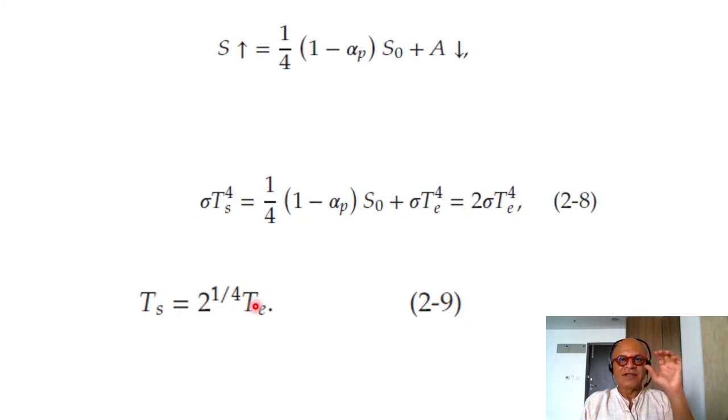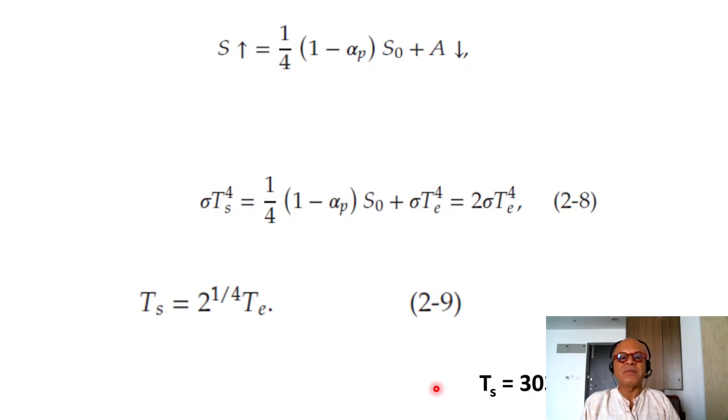But when we add a simple greenhouse gas layer, we end up with a surface temperature that is 2 to the 1/4 Te. Te has to still remain 255 because we are still balancing energy at the top of the atmosphere. So now you multiply 255 by 2 to the 1/4, you end up with 303 Kelvin as the surface temperature, which is obviously too warm. We know that it is 288 Kelvin.